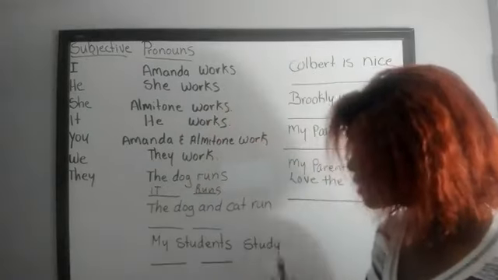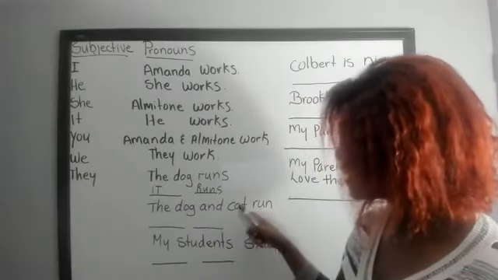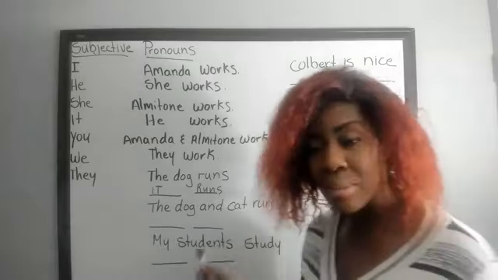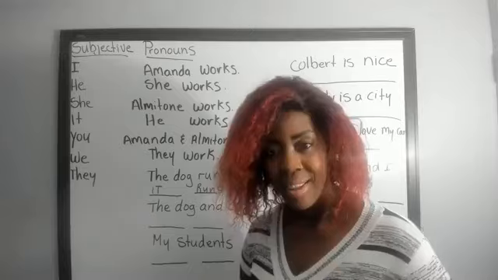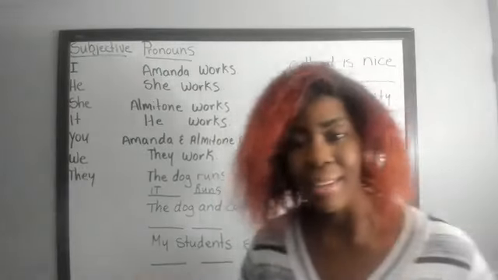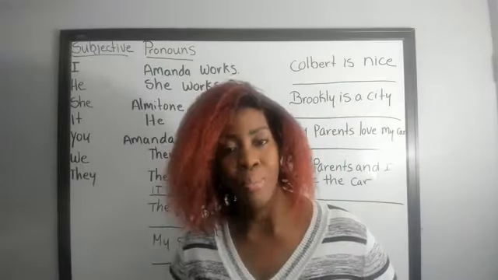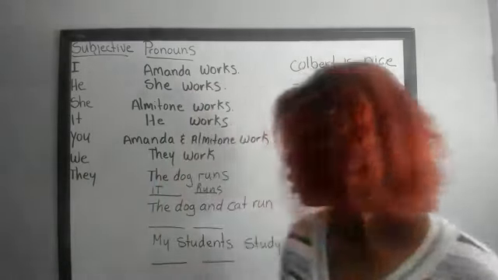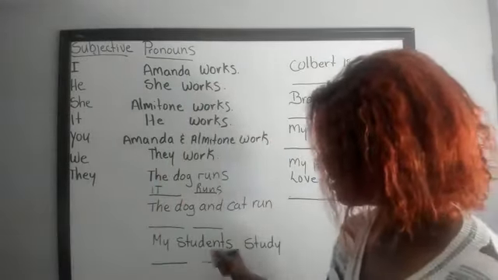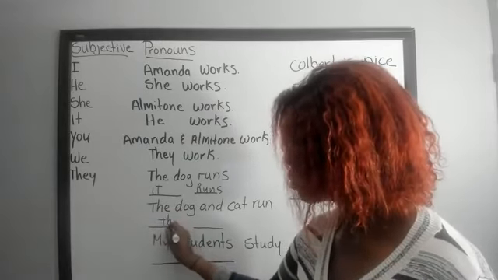So right here, the dog and the cat, it's not "it" anymore, it's "they." Anything more than one is they. If I'm talking about two females, they. Two males, they. Or two things, they. So right here we have they run. So no S.